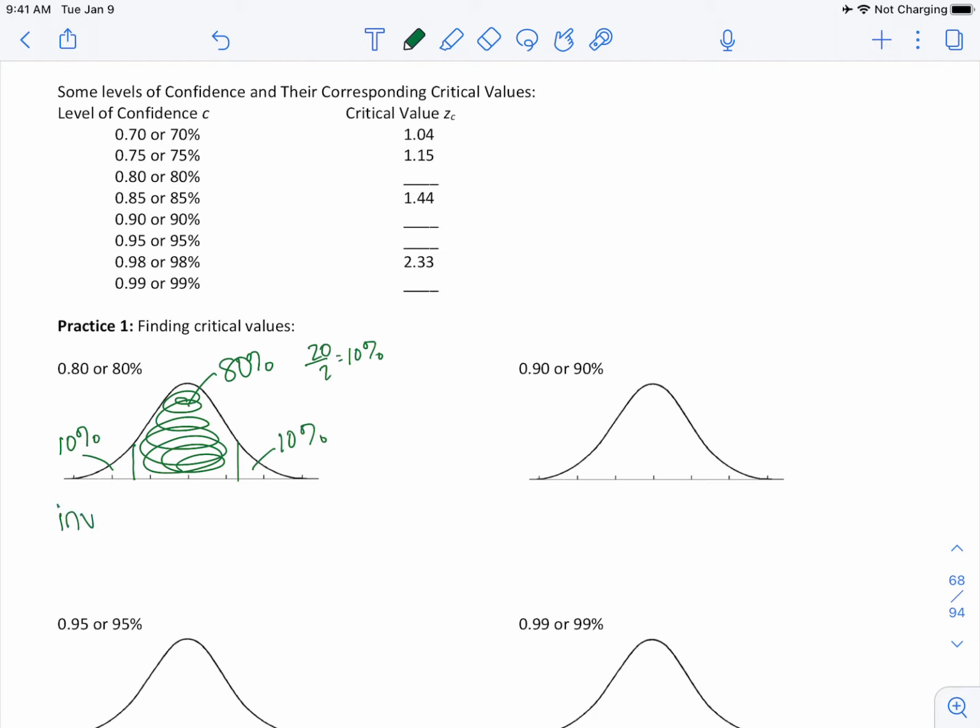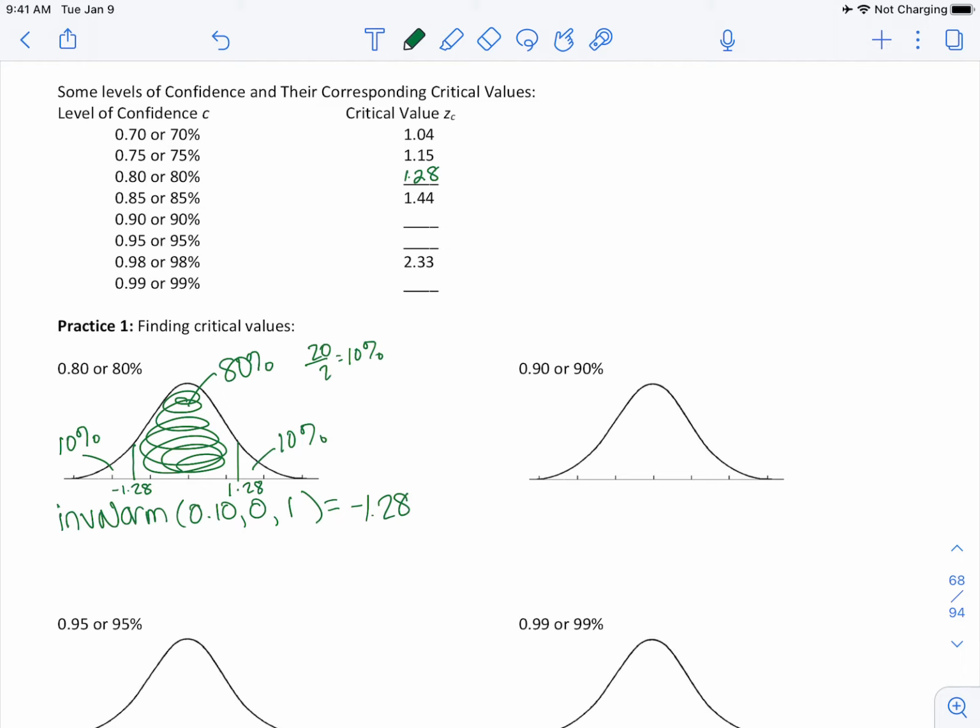So we can do our inverse norm, and we're going to do 0.10, comma 0, comma 1. Our mean is 0, standard deviation is 1. And so this is going to give us negative 1.28, which means this is negative 1.28, and this one is positive 1.28 for the z values. So I'll fill in 1.28.